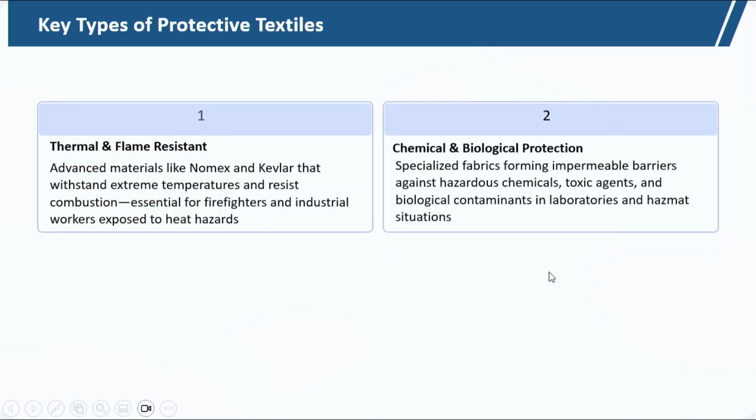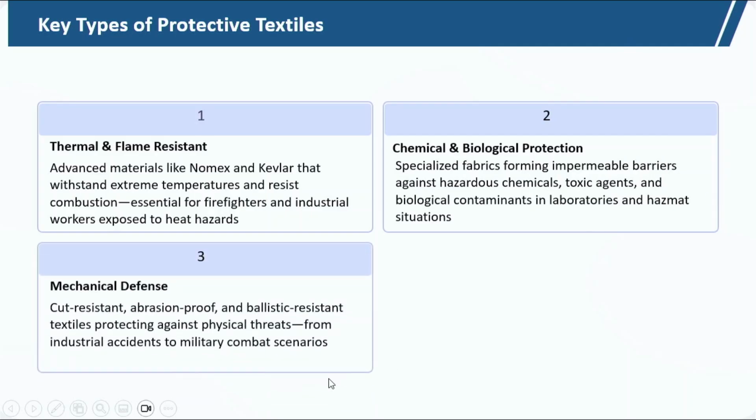Next is chemical and biological protection. Specialized fabrics are used for chemical and biological protection. Mechanical defense, that we have already mentioned, uses cut resistant, abrasion proof and ballistic resistant textiles.